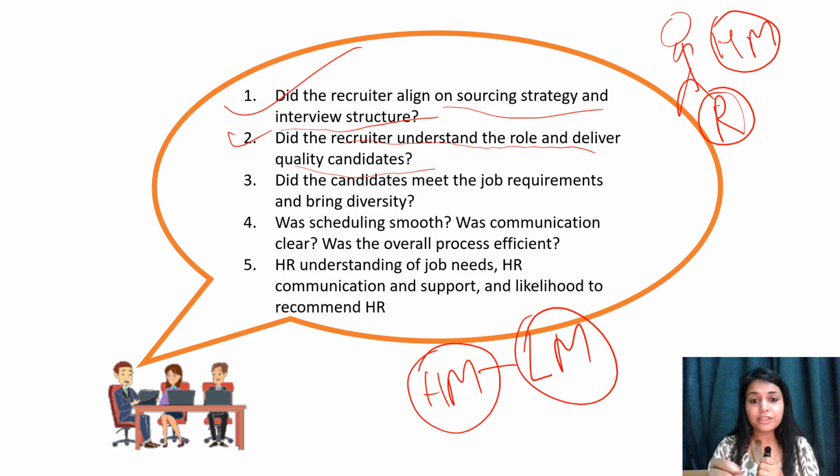So this is the basic difference between the recruiter and the hiring manager. For example, let's say I'm an HR professional. I know how to track, screen, and manage candidates through the hiring process, but I don't know the intricacies of coding or of finance. For that, I would need a hiring manager.